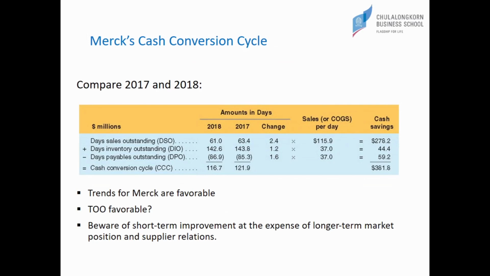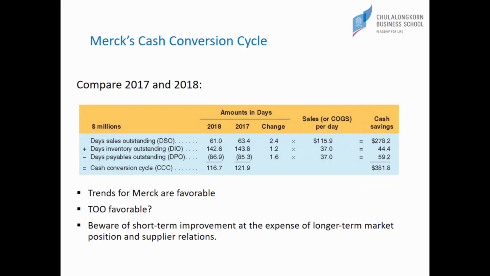And we can calculate the per day sales by dividing the sales by 365. And per day sales is $115.9 million. So you can multiply this 2.4 by this per day sales, and you see this cash savings of 278.2. So that's the savings by improving 2.4 days of days sales outstanding.